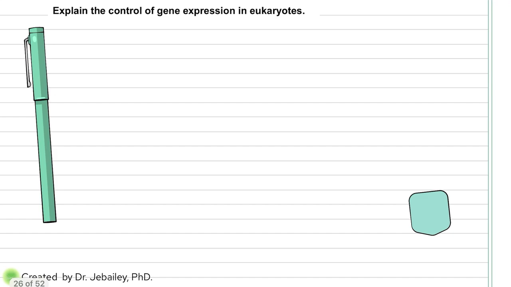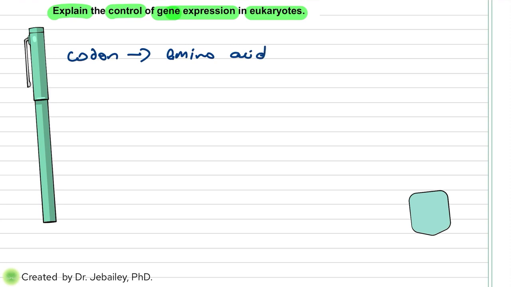Next question. It says, explain the control of gene expression in eukaryotes. So when we talk about gene expression, we can talk about making proteins, right? So we can say about the codon, how the codon is basically expressed as an amino acid, right?